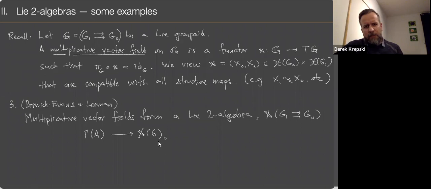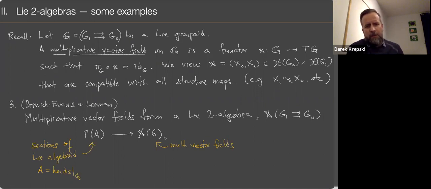So in degree 0, the object space, what we've got is the multiplicative vector fields, and in degree 1, we're looking at sections of the Lie algebroid of the groupoid.